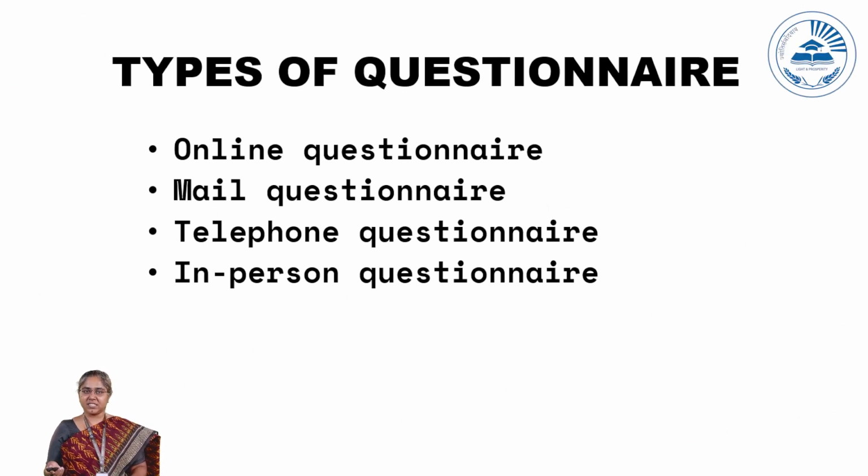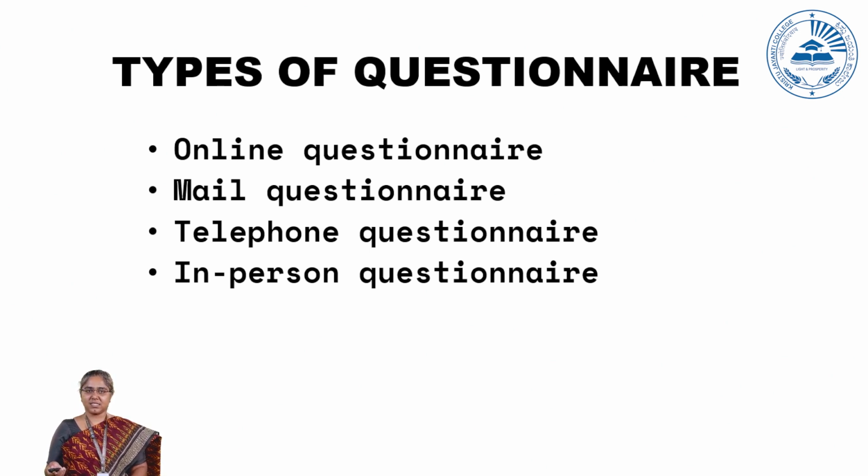The second is mail questionnaire. In mail questionnaire, all the questions that you want to ask the respondents are mailed to the respondent's address and they respond and they send back the answers to you. The third would be telephone questionnaire. Herein, you make a telephonic conversation with the respondents, ask them the questions and they respond to you.